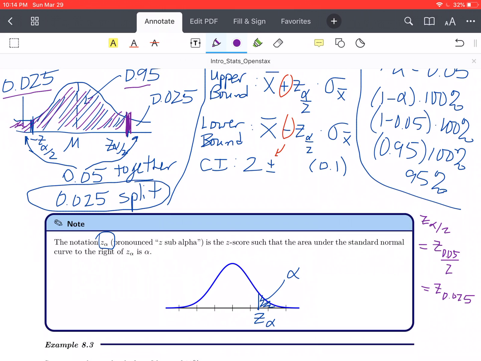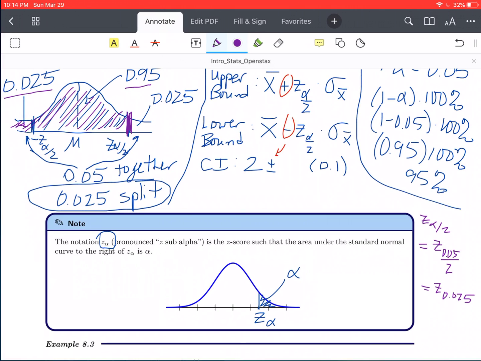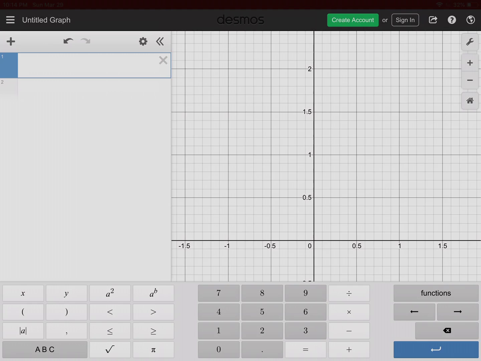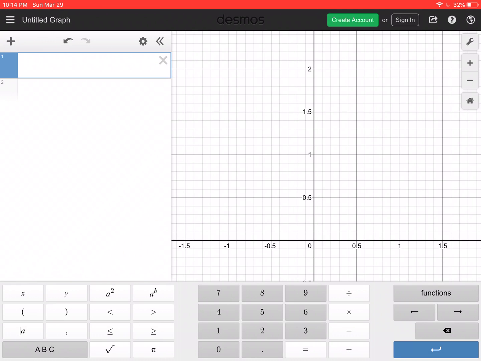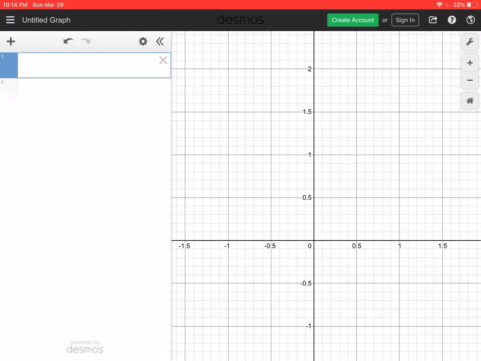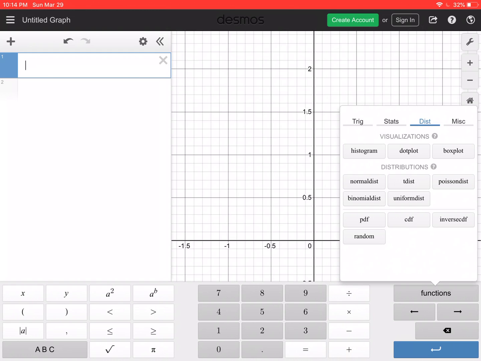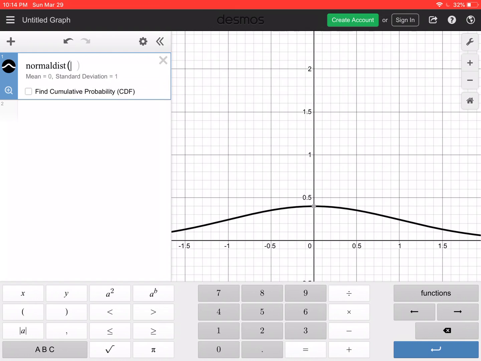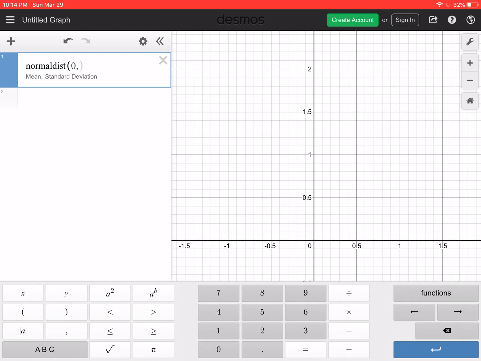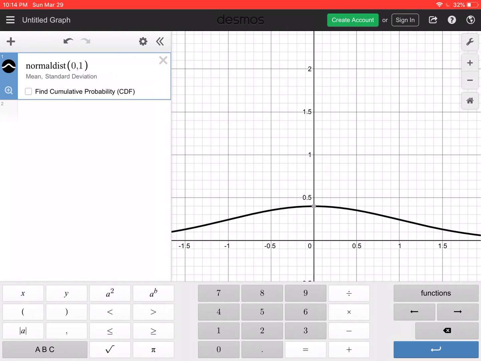Okay. So let's go ahead and find this on Desmos. What we need to do is first create our normal function. So we go to functions, distribution, normal distribution. Let's just make it the standard normal, so mean of 0, standard deviation of 1.